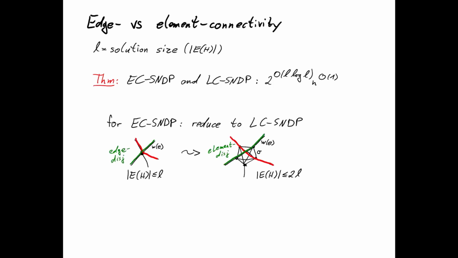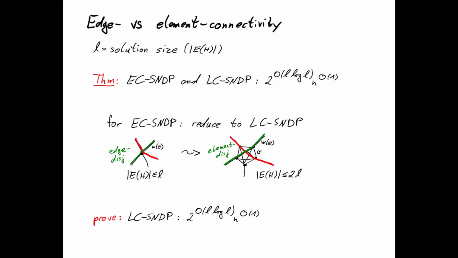Now it's easy to see that if previously you had edge disjoint paths that used this vertex, then these implied element disjoint paths in the new graph and vice versa. And the cost of the solution will be the same. Also the parameter doesn't grow by much, maybe by a factor of 2 or something like that. So that's a fairly standard reduction.